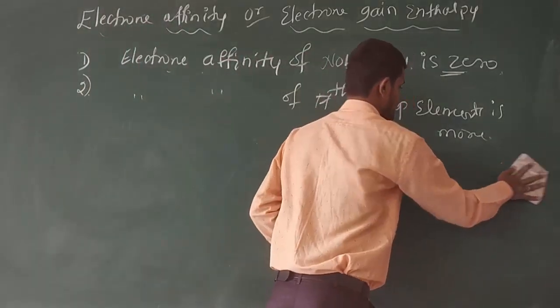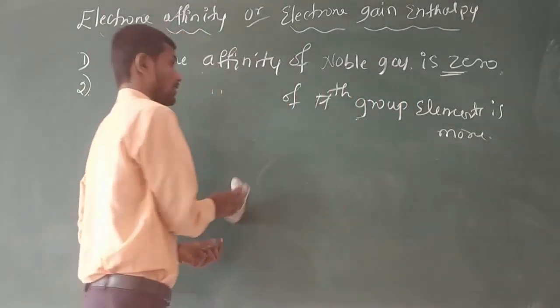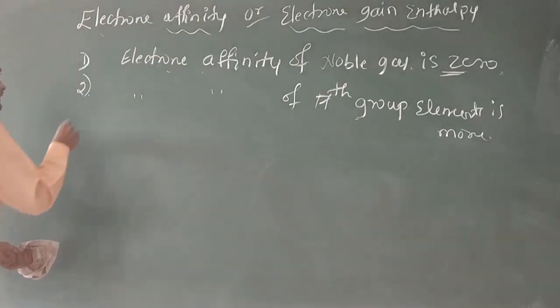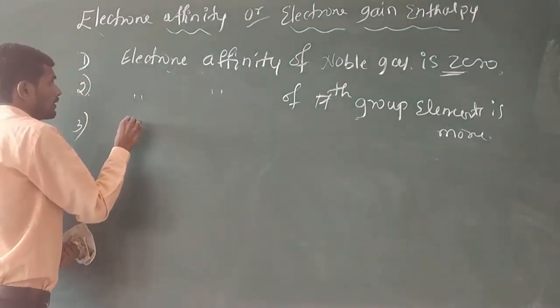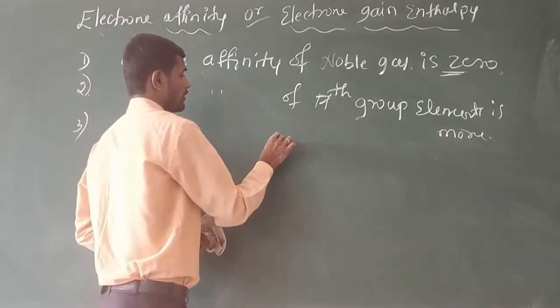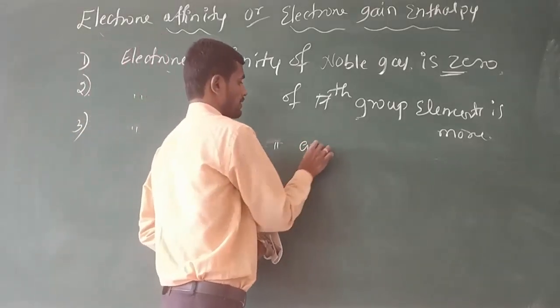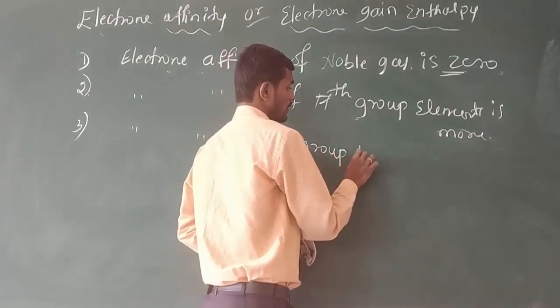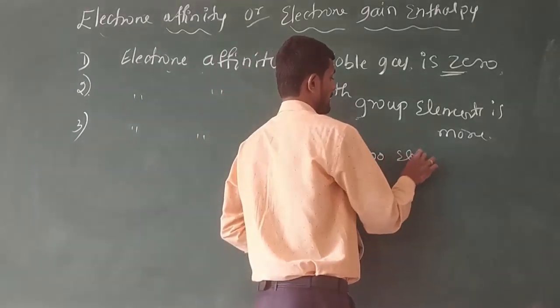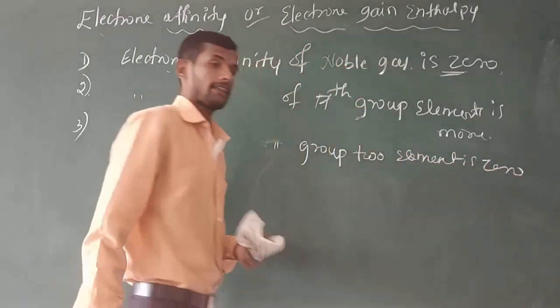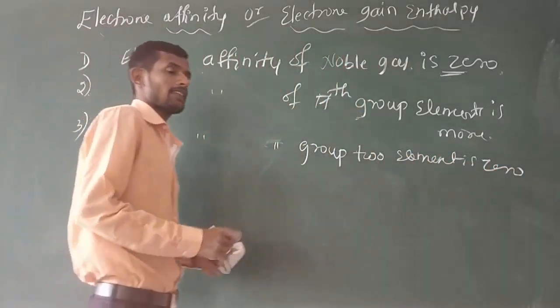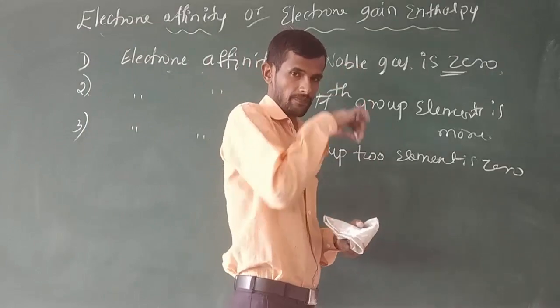17 group elements have high electron affinity. Next, third point: electron affinity of group 2 elements is also 0. Why? Group 2 elements means alkaline earth metals. Is it right?